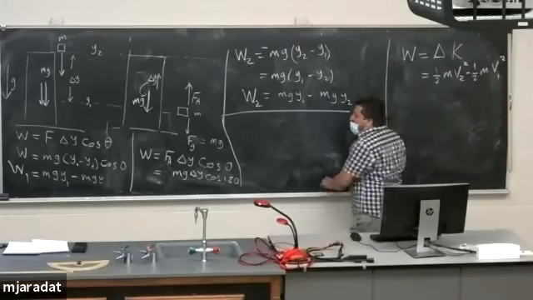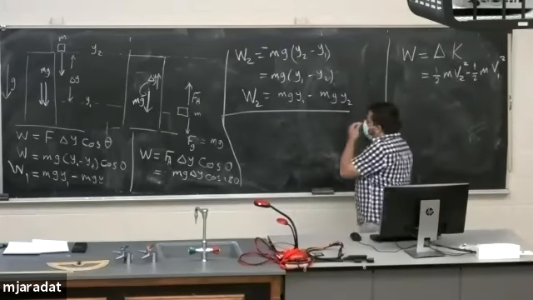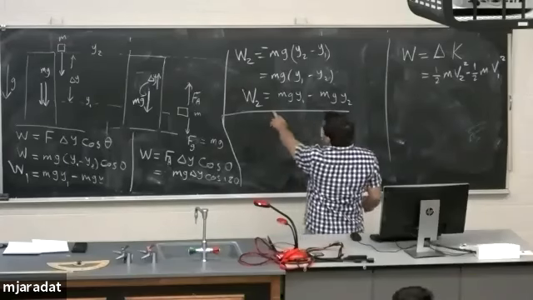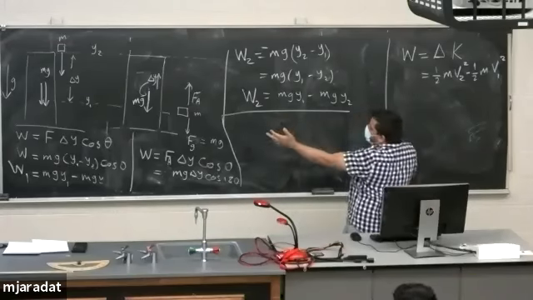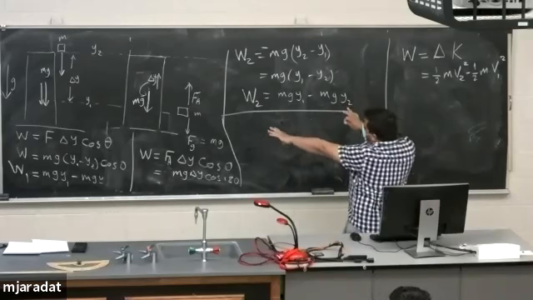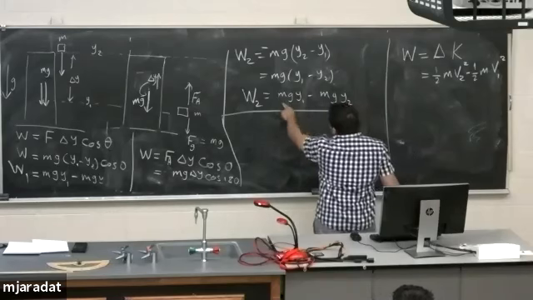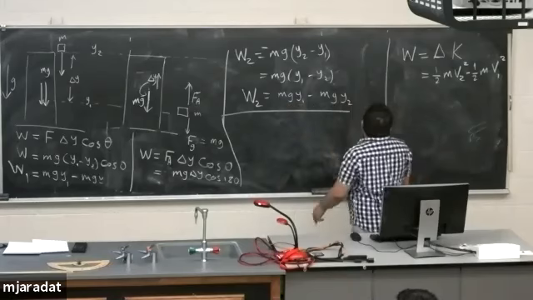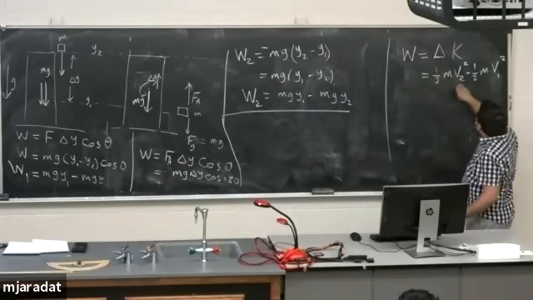Today there's a difference. Look, the work in both cases is the same thing, which is mg y1 minus mg y2. But the kinetic energy is 2 minus 1.